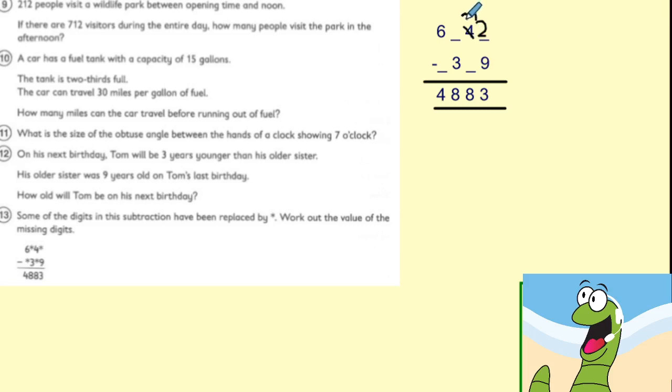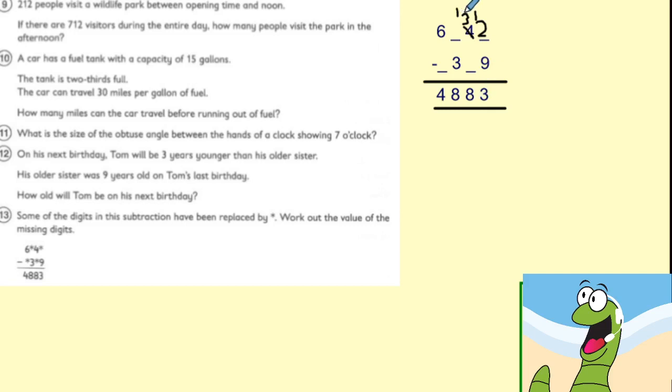Okay. Now, again, something that's going to give us 8. What can we take away from 3 that'll give us 8? Well, we'll have had to borrow something from here. So that'll make it 13. So what will we take away from 13 to get 8?